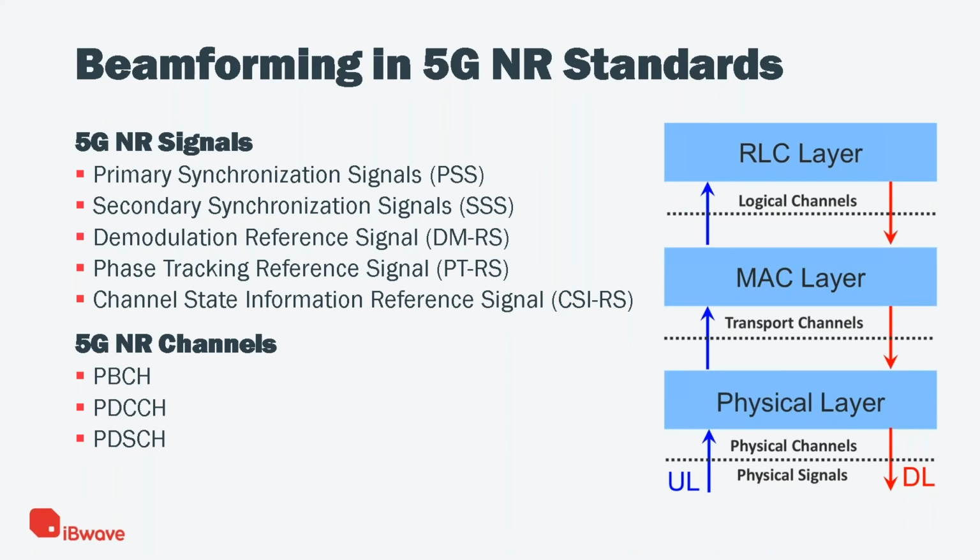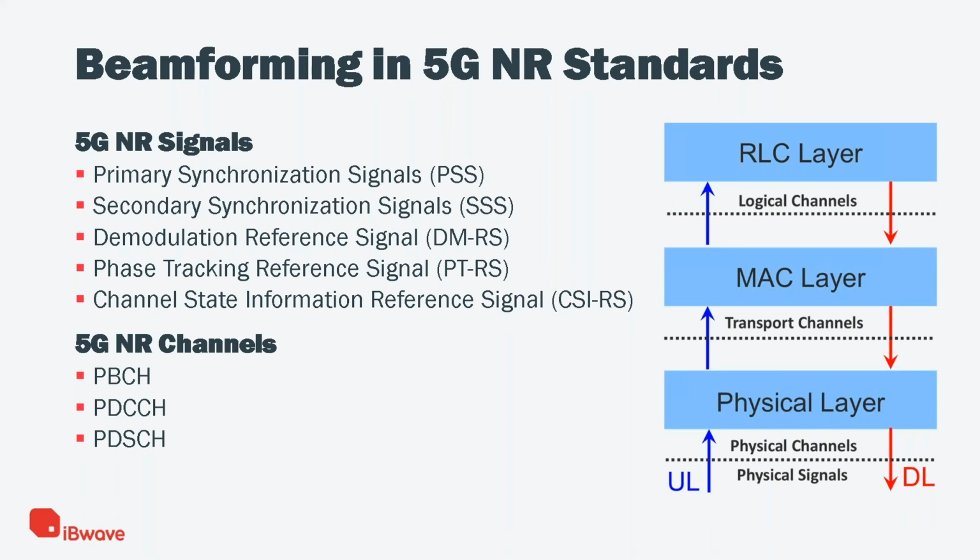What you see here on the right side of this slide, you see the radio protocol layers, and the signals are physical signals that are created at the physical layer, which means that there is no data coming from the upper layers, like from MAC or RLC layer. So they are simply created on this physical layer.